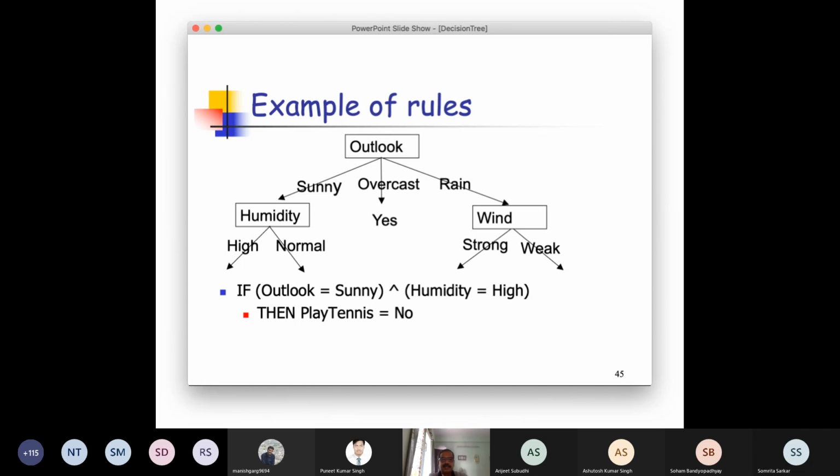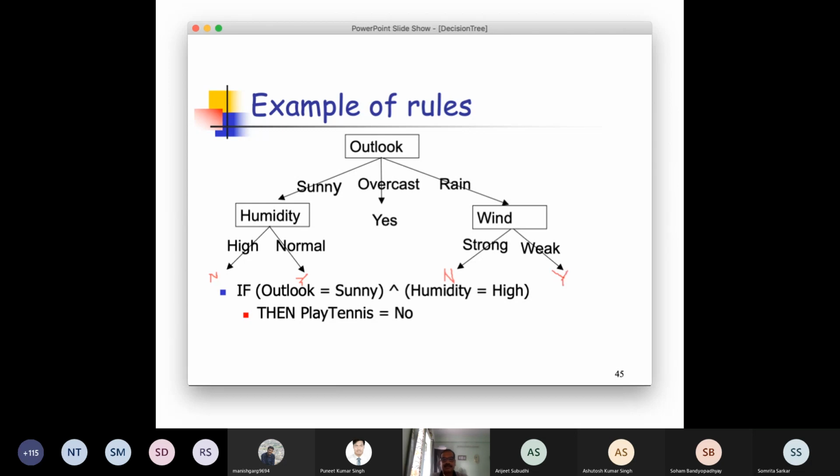So if outlook is sunny and humidity is high, then play tennis is no, which means in this rule here it was no, and then this is yes. Similarly, I think this is no, this is yes, because of the convention we are following.